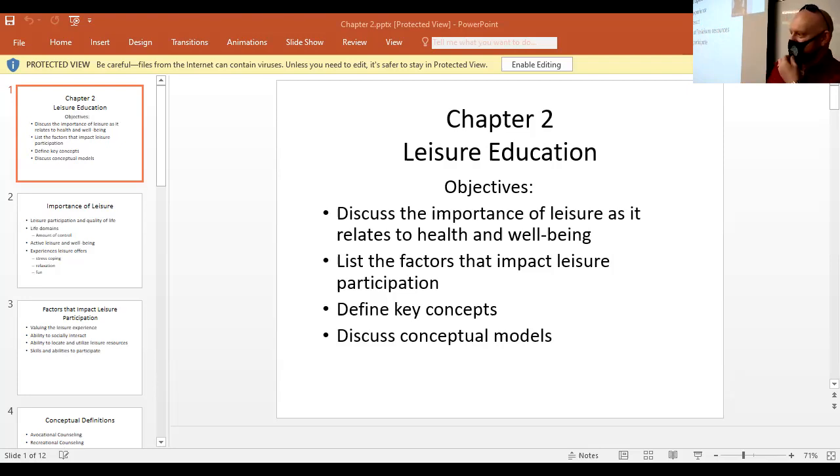When we're planning things for our participants, we need to make sure that the things that we plan for them to do fit their skills and abilities. If someone has significantly impaired upper body strength and they can't shoot a basketball 10 feet high, they just can't.